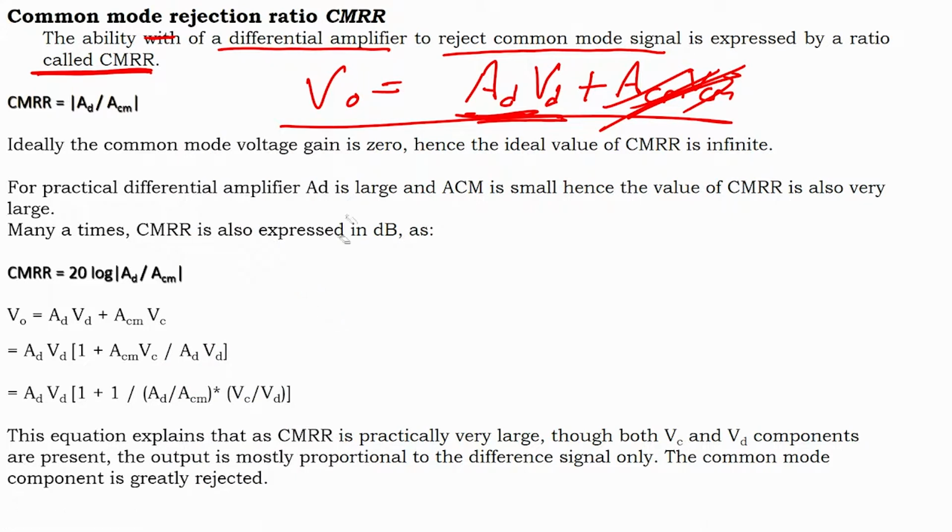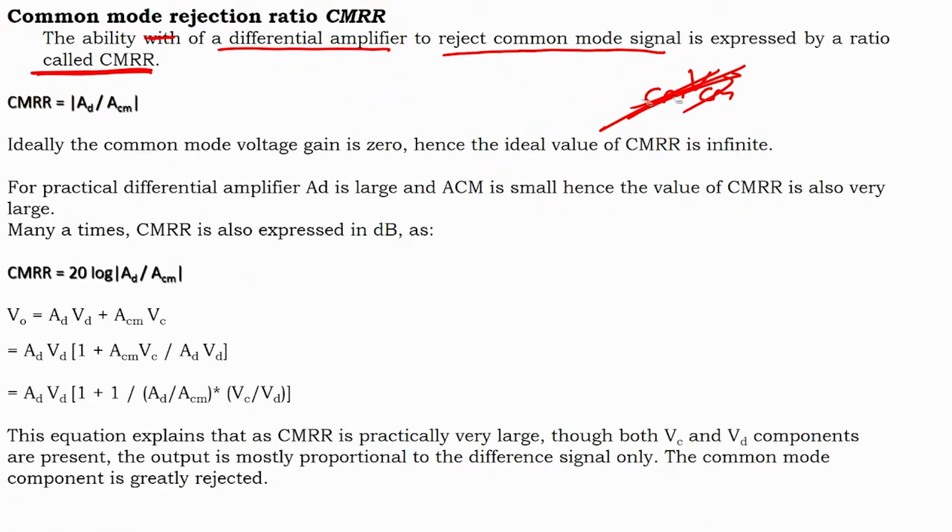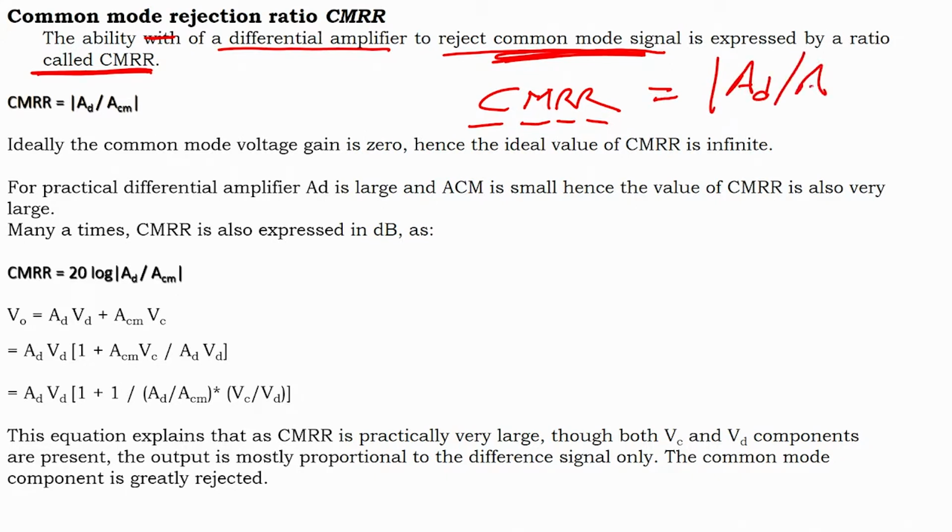So, if I know that a differential amplifier can reject the common mode signal by a ratio called CMRR, common mode rejection ratio, it is given by the mode of AD by ACM, differential gain divided by common mode gain.